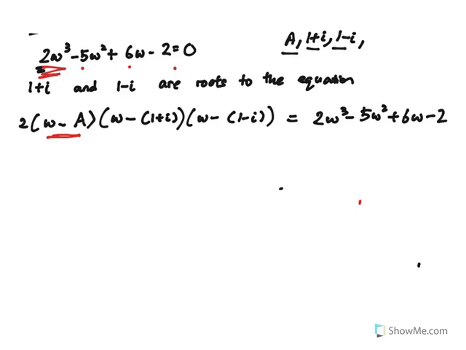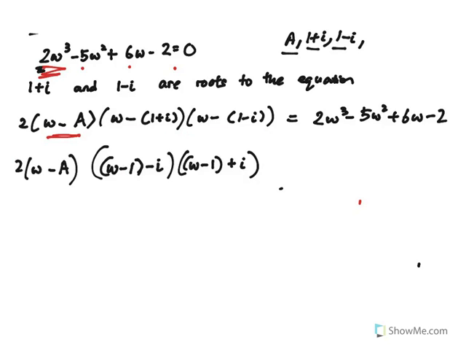I can combine this part, so I expand it: w minus 1 plus i times w minus 1 minus i. I can write this because it's (a minus b)(a plus b), which is a squared minus b squared.